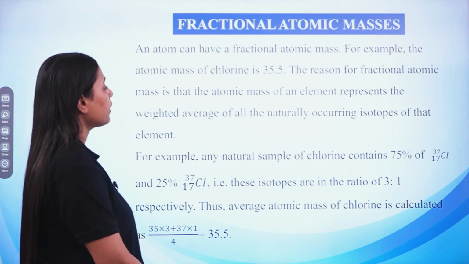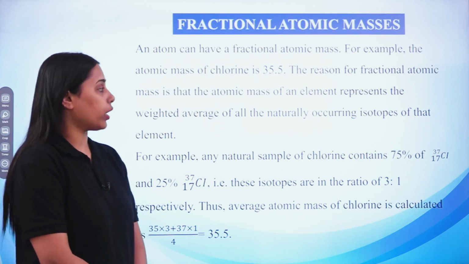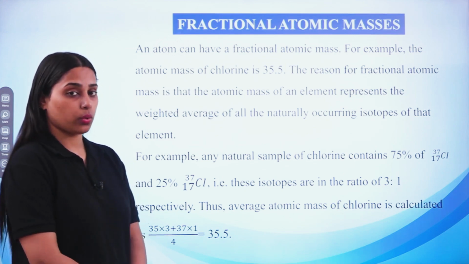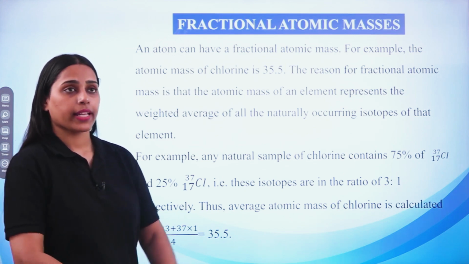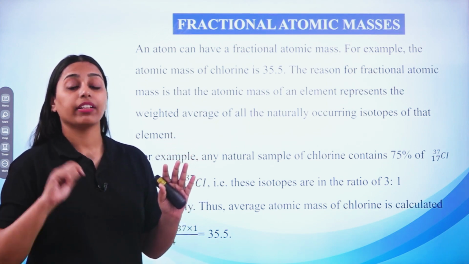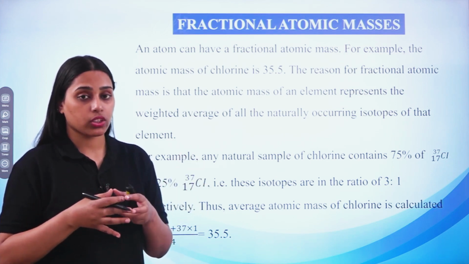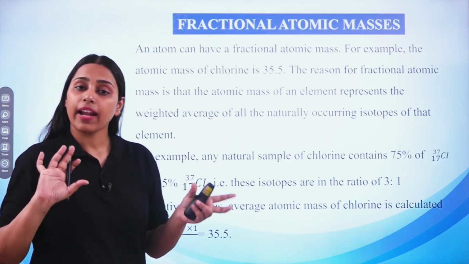The reason is that the atomic mass of an element represents the average weight of the naturally occurring isotopes of that particular element. An element, because of the presence of isotopes having different masses, has those masses taken as an average in order to calculate the fractional atomic mass.